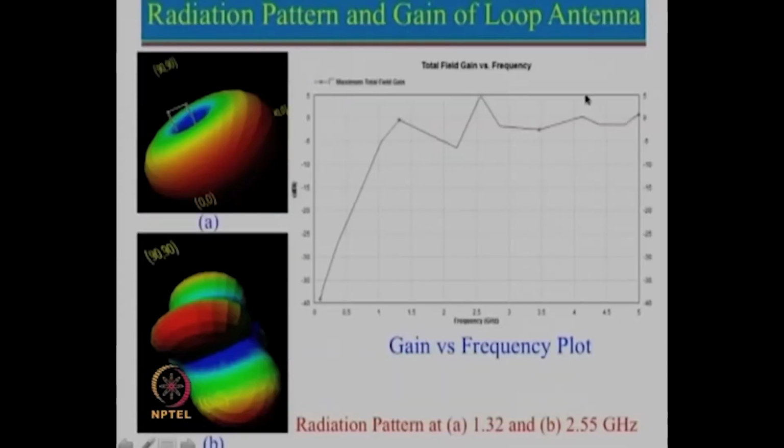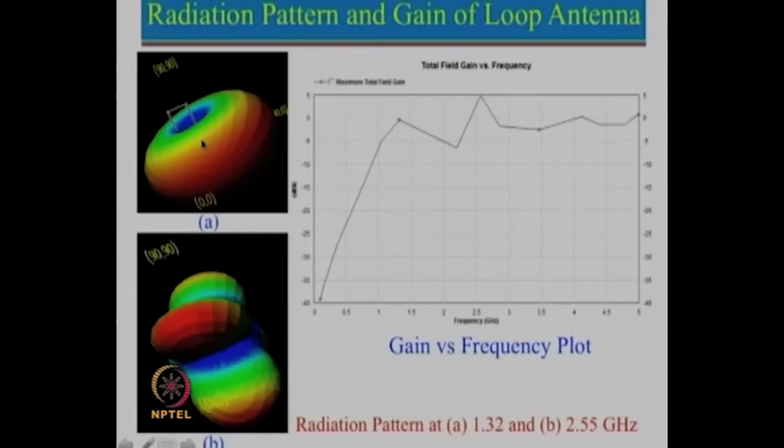Now, let us see what the radiation pattern is. For the case which we are looking at, the radiation pattern at 1.32 gigahertz, at which the whole circumference was equal to lambda, is very similar to that of a dipole antenna, except that the E field has become the H field and the H field has become the E field.